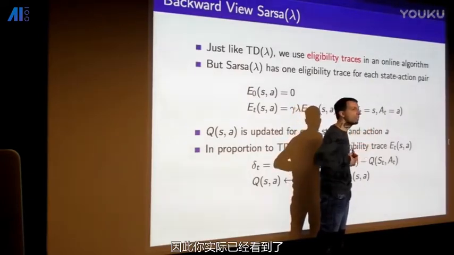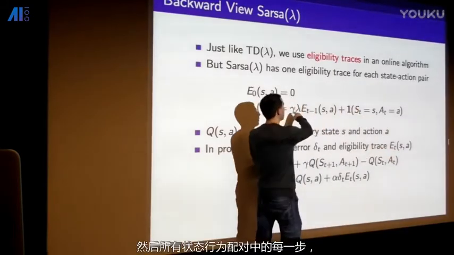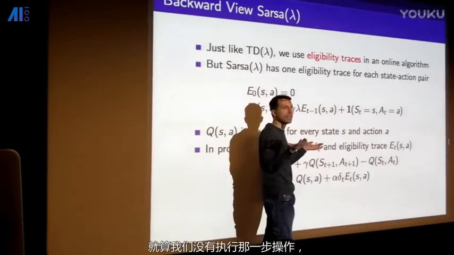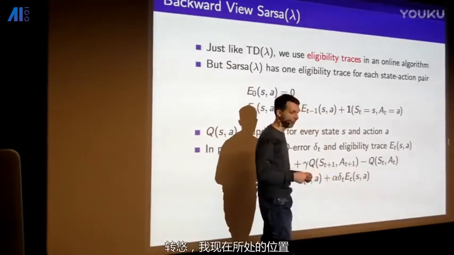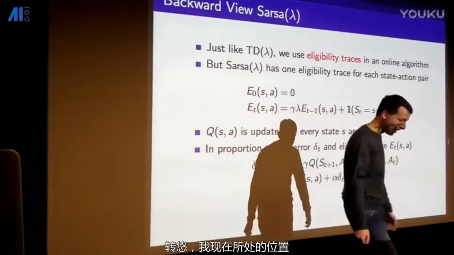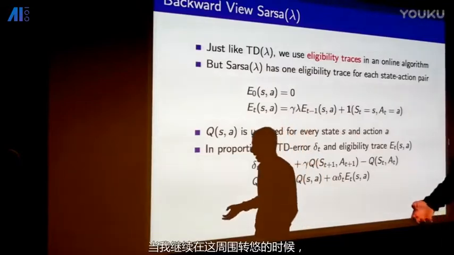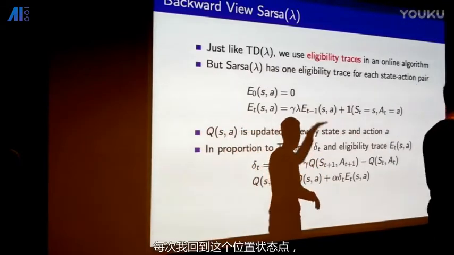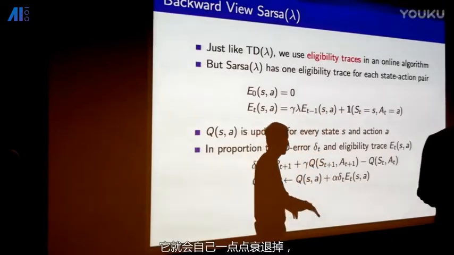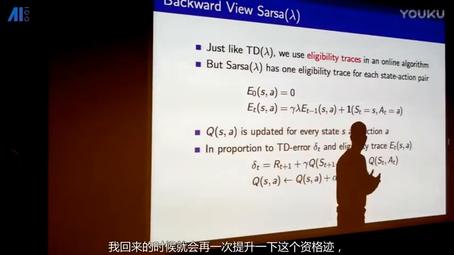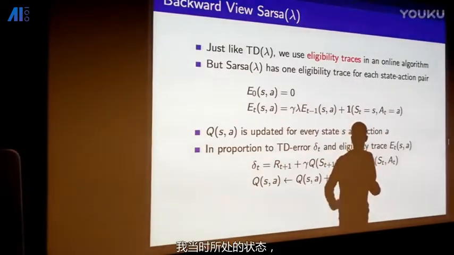And then every step, for all state action pairs, even the ones we don't visit, we decay them a little bit over time. If I keep going round and every time I revisit this state, I bump up my eligibility, and over time it decays until I get back there again, and then it bumps up again. Then if I receive my carrot, whatever the latest eligibility is, that's how much blame I'll put on that particular state.